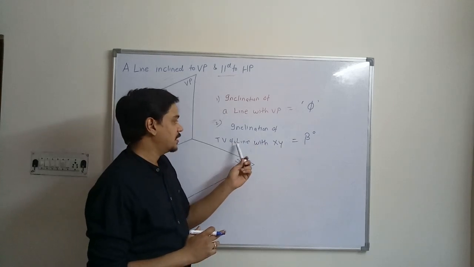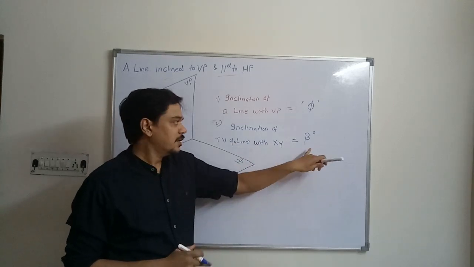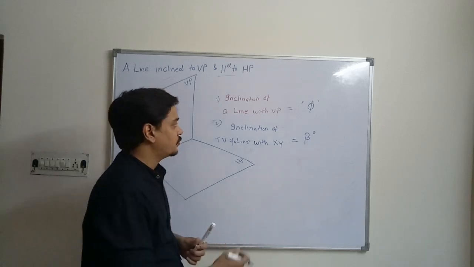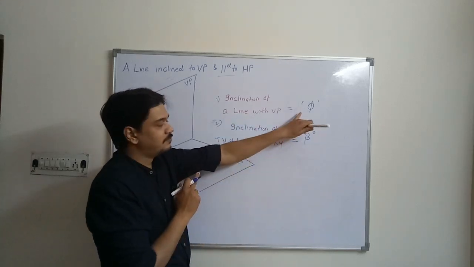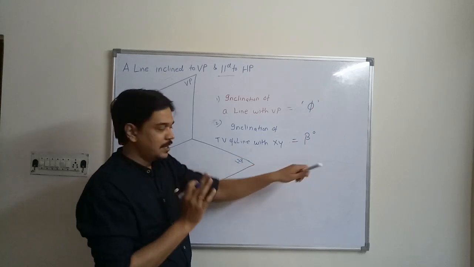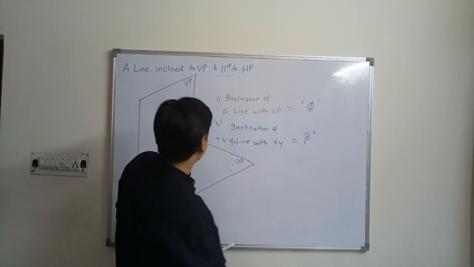So we have introduced two terms, phi and beta; the remaining terms are fixed.